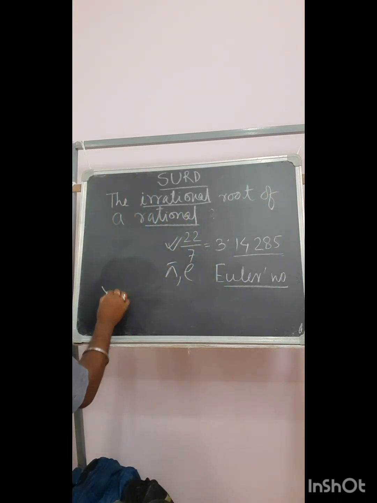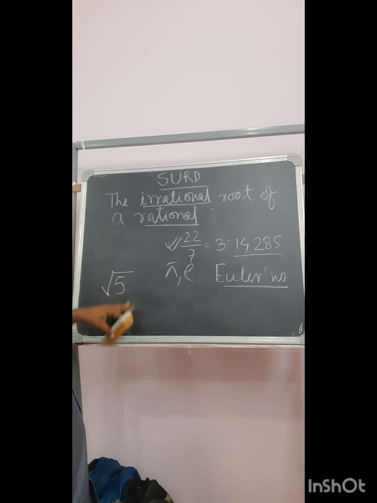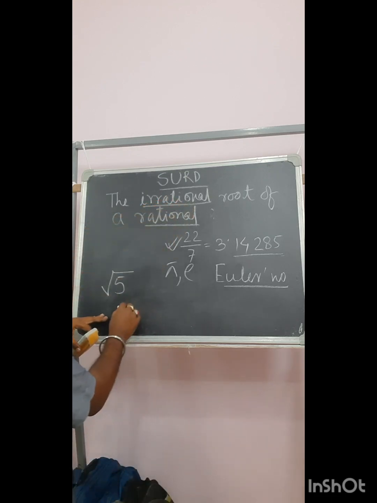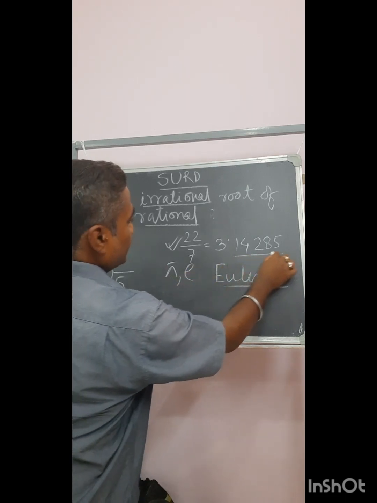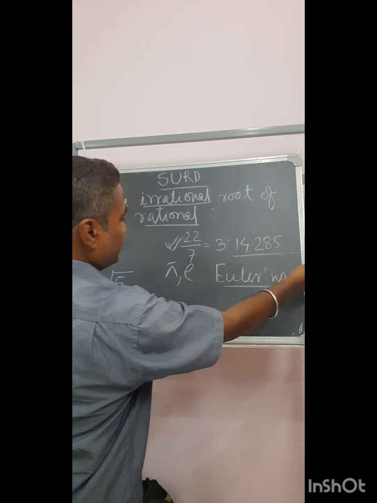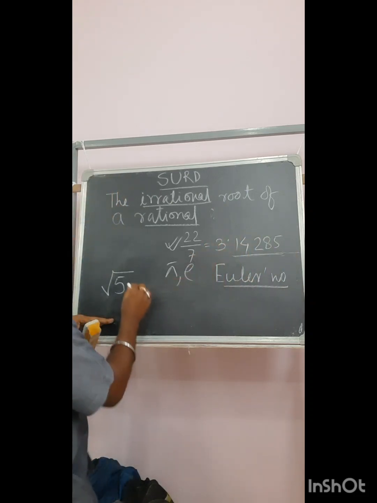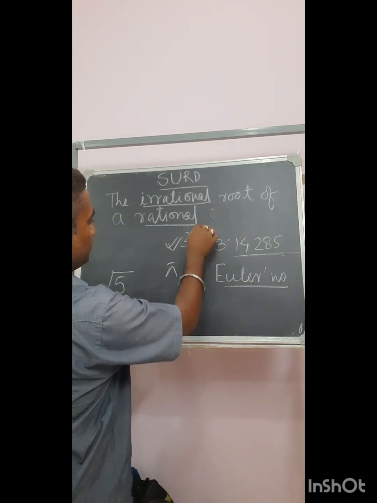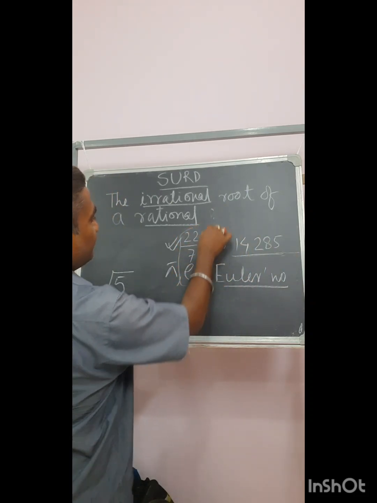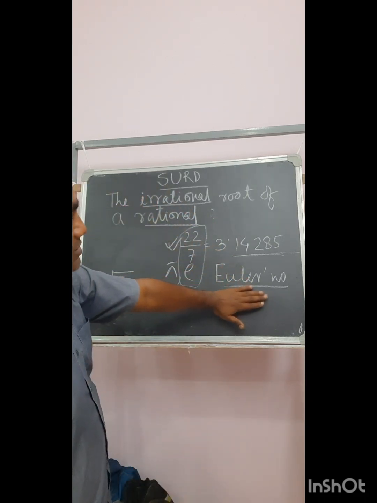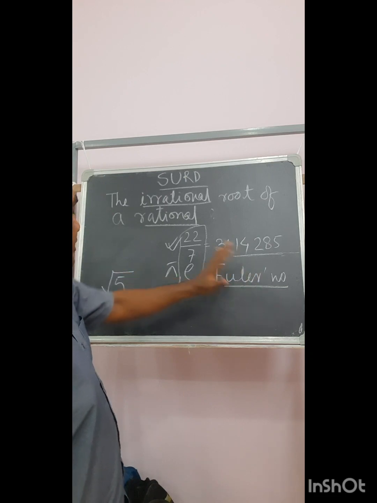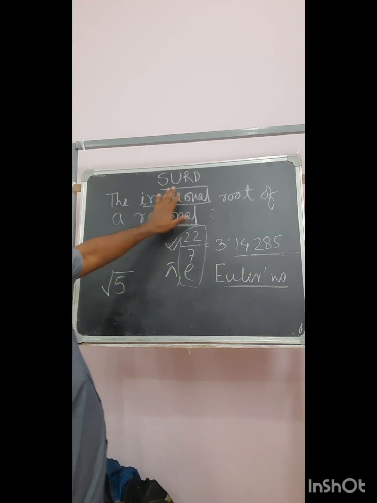That means if I take root 5, let's say, I will get a result that is irrational. It will definitely come in decimal, but the decimal will come infinitely without repeating the numbers. But those numbers don't come in this kind of number. These are different from Euler's numbers. This is a perfect example of an irrational number.